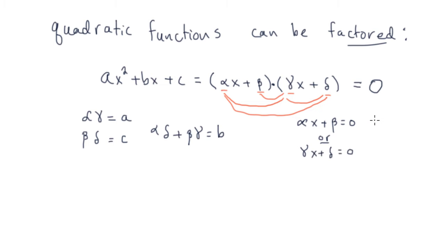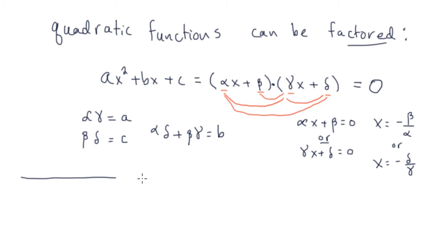But that means that either x is equal to negative beta over alpha, or x is equal to negative delta over gamma. And these are exactly the zeros you will find in the quadratic formula. So if we can factor, and I'll do an example in a second, then we can very quickly find the zeros of a quadratic, and in general of higher degree polynomials.